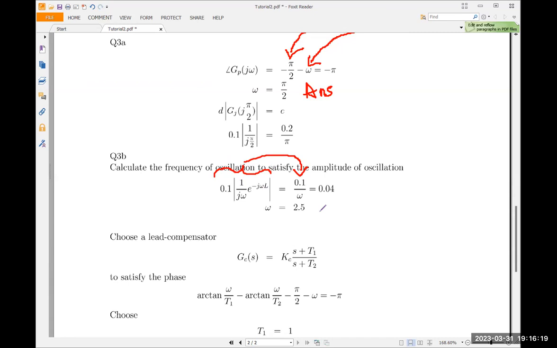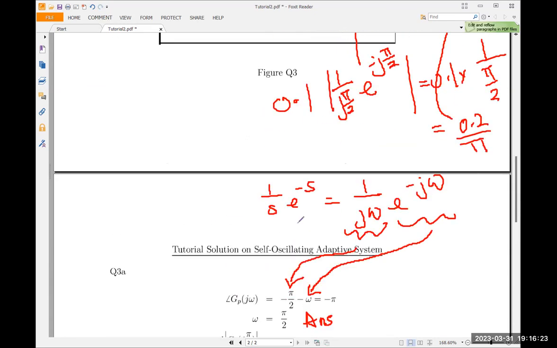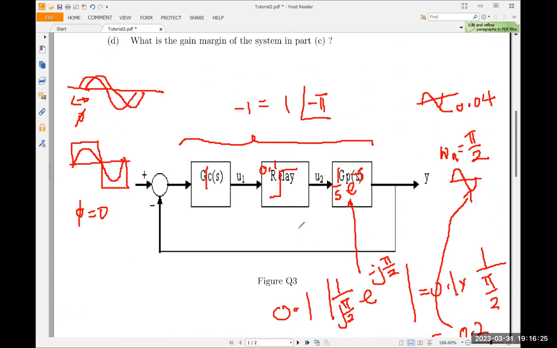Equate it to 0.04. You find omega is 2.5. So with omega 2.5, now you must have an omega u of 2.5. With omega u 2.5, the gain of this will be 0.04 over 0.1.